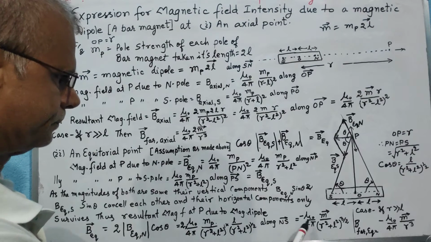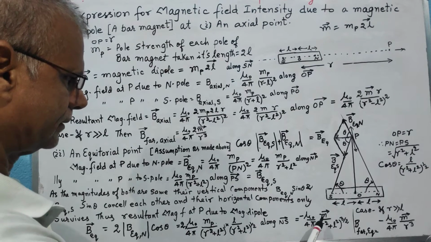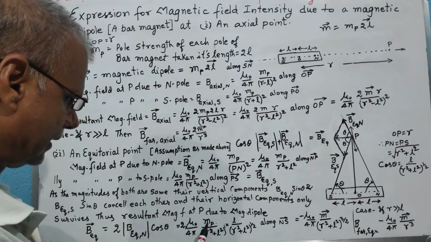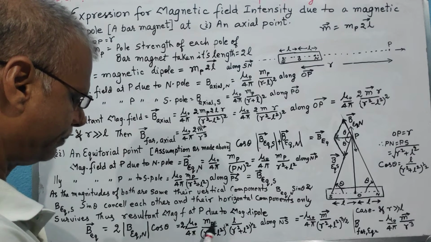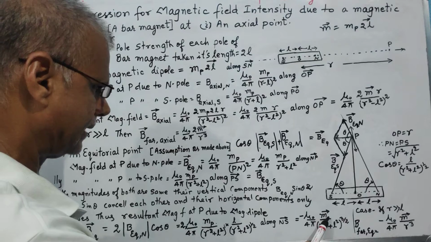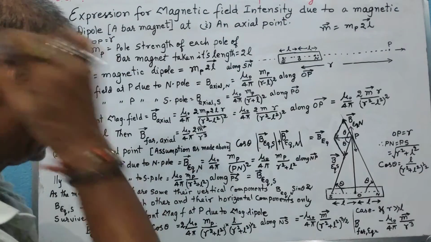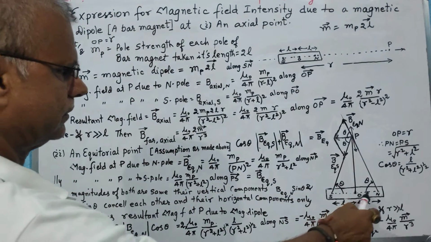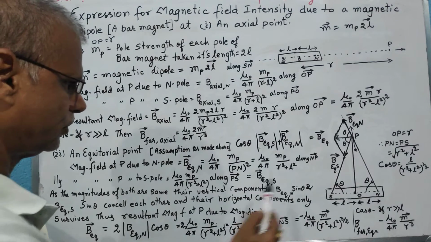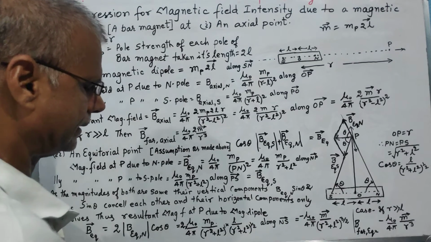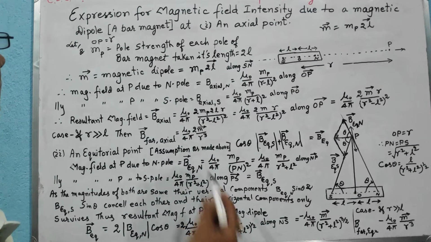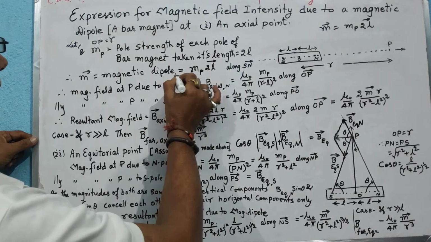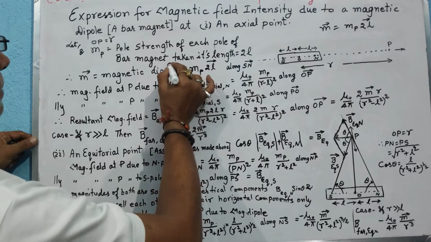So we get μ0 by 4π, and you also see here you have mp, here you have L, and here you have 2. So mp into 2L becomes the magnetic dipole moment M, and the direction is along N to S, that means it is opposite to the direction of magnetic dipole moment. Here I have missed to write magnetic dipole moment.